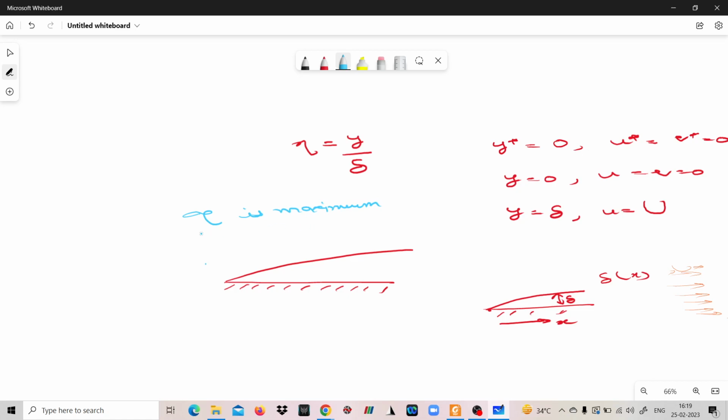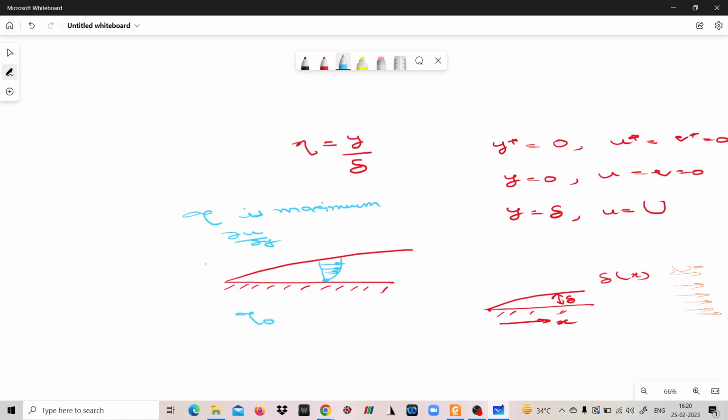Shear stress tau will be maximum at the location where the velocity gradient del u by del y is maximum. If you consider the velocity distribution, where is the velocity gradient maximum? It is maximum at the point of contact between the fluid and the solid surface. So here the shear stress is maximum.